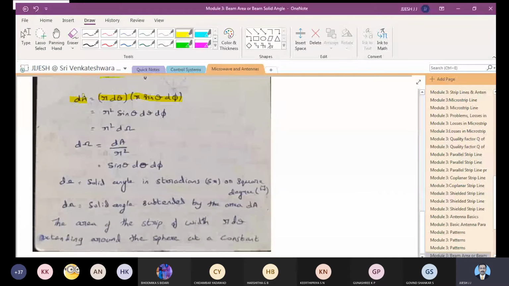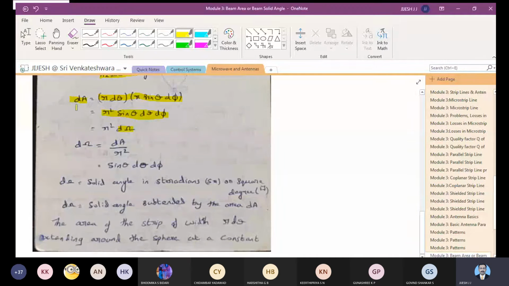So dA you will get as r d theta times r sin theta d phi, that is r square sin theta d theta d phi, and you can simplify sin theta d theta d phi as d omega. So d omega is sin theta d theta d phi, or you can also write d omega as dA divided by r square, from the above equation.